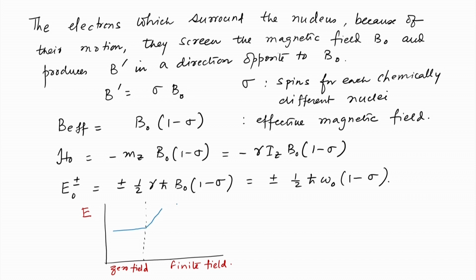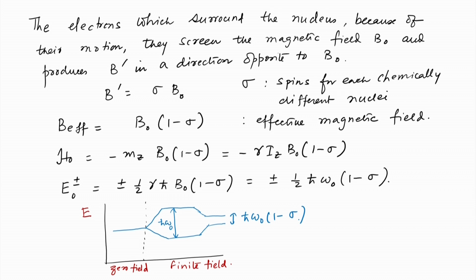In presence of the field there is this splitting, and then in presence of the screening it comes down like this. So, this is H cross omega naught, and this is H cross omega naught 1 minus sigma.